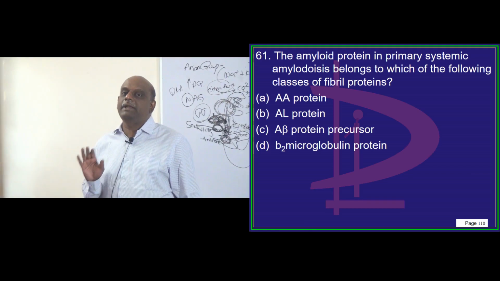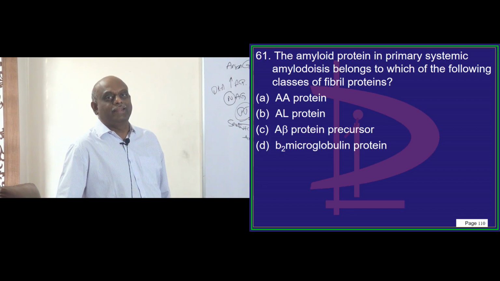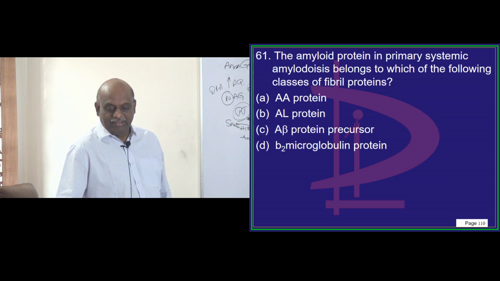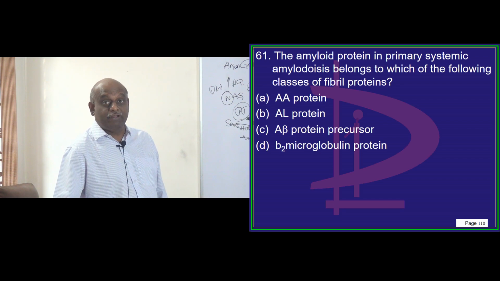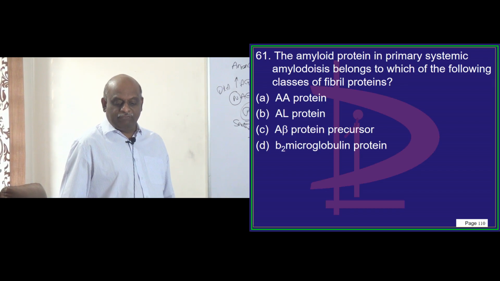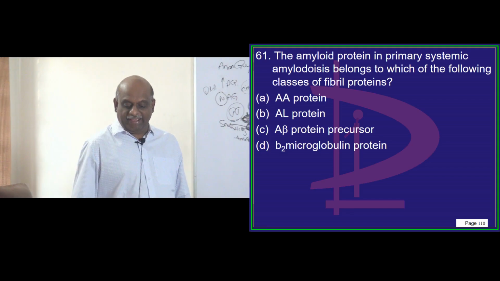Primary systemic amyloidosis में what type of amyloid आपको दिखाई देगा? If you answer this correctly, this question is for a bet. You are ready for the amyloidosis topic. Amyloidosis is another slightly painful topic. Yes. Vishal thinks it is AA.